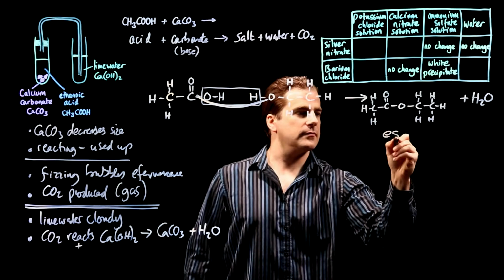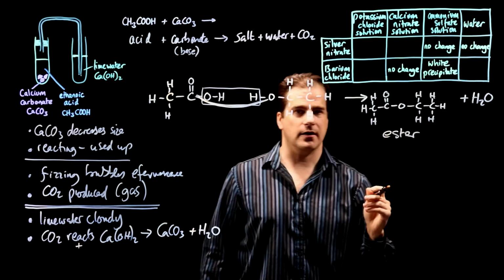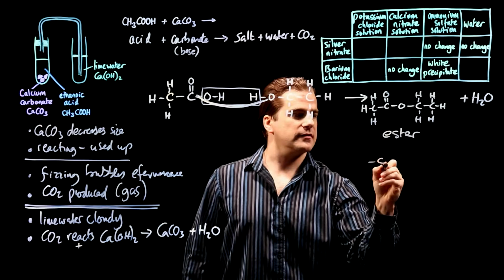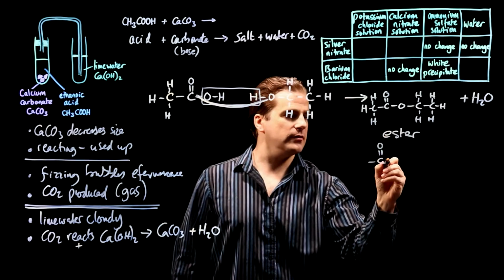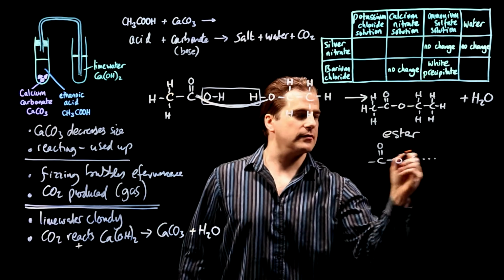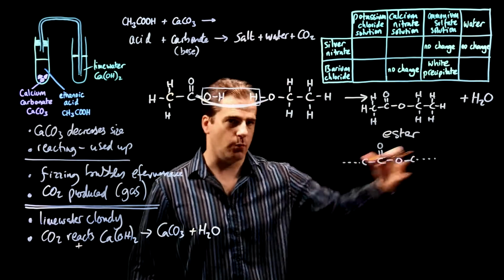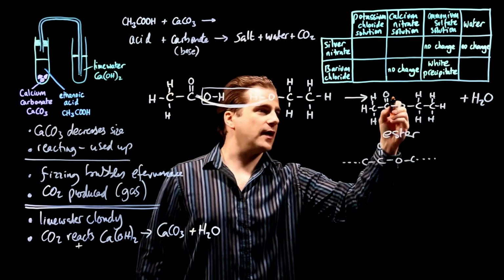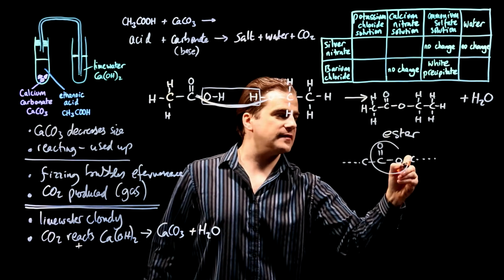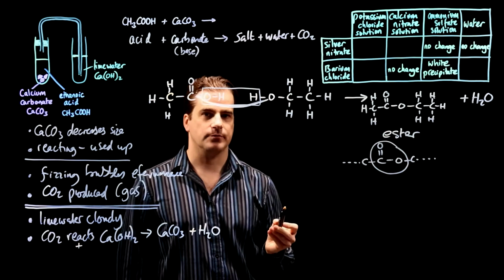Okay? An ester has the functional group C, double bonded to an O, single bond to an oxygen, and then on either side, whatever. Okay, so that is what makes it an ester.